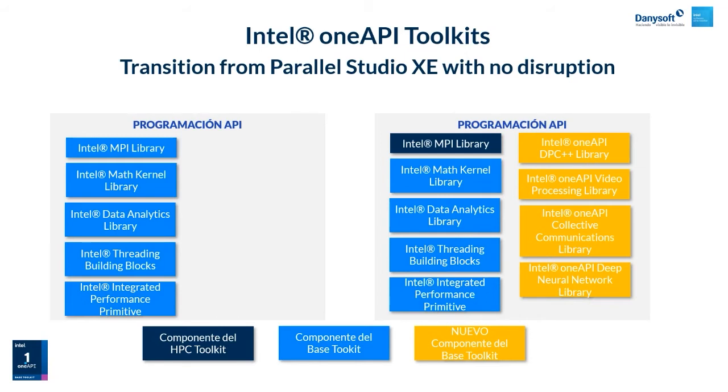In API programming, now on the left side we have the actual components of Parallel Studio in this clear blue, and on the right side we have the MPI library that will be in the HPC toolkit, the high performance computing toolkit.